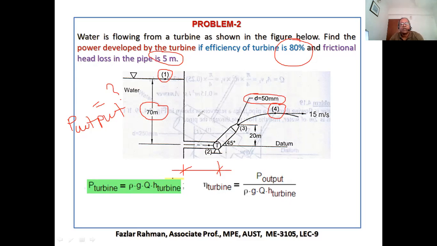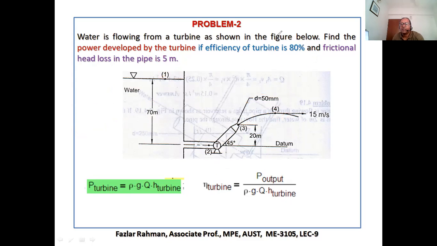So if you apply Bernoulli's equation between point 1 and 3, look at point 1 and 3, what will be the velocity at these two points? Point 3 obviously has some velocity, right? But point 1 velocity is almost 0 because you are maintaining constant height. What will be the pressure at point 1?